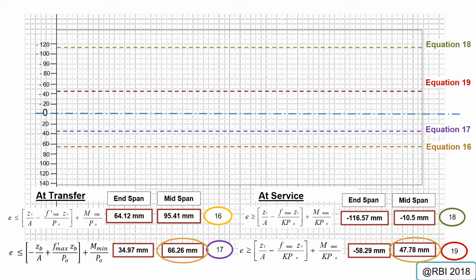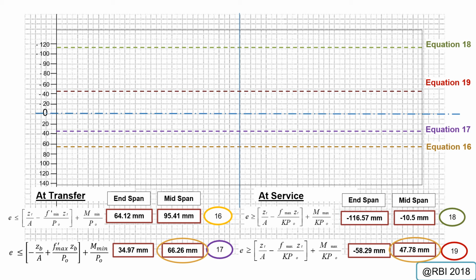Then you draw the midspan line, which is where the midspan point is along the length of the beam. Once you have drawn the line, you have to mark the eccentricity value at midspan that you have calculated before, for every equation.